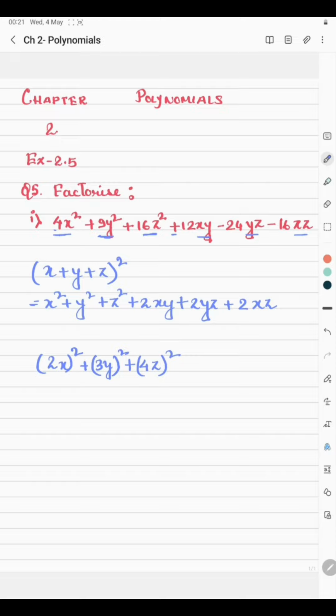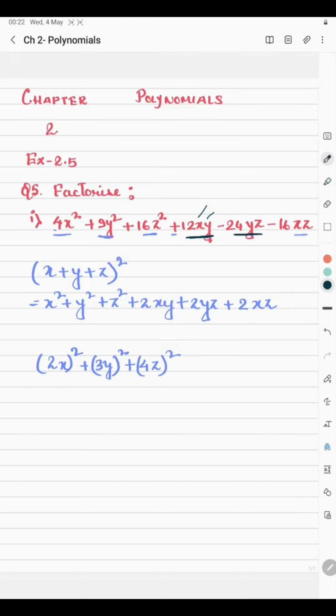So that means the z term will be negative. Why? Because 12xy is positive, that means x is positive and y is also positive. That's why this term has become positive.